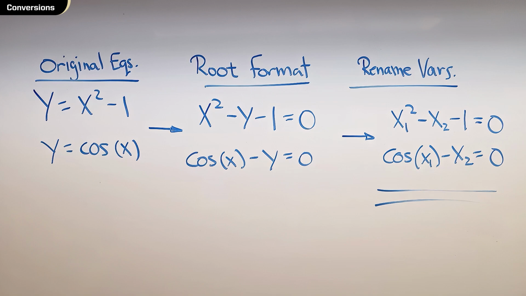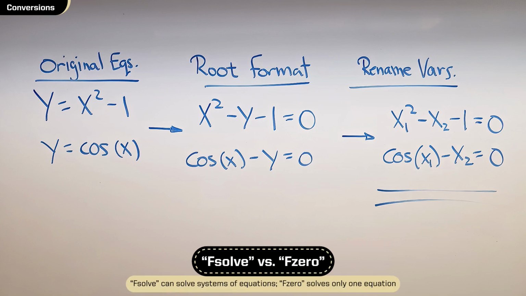Well, all I did was whip a little algebra on it so that there's an expression on the left of each equal sign and 0 on the right. That's what fsolve wants to see. Now, just as a reminder, fsolve differs from fzero in that fsolve can solve systems of equations and fzero only solves one equation. That's why we've gone from one to the other.